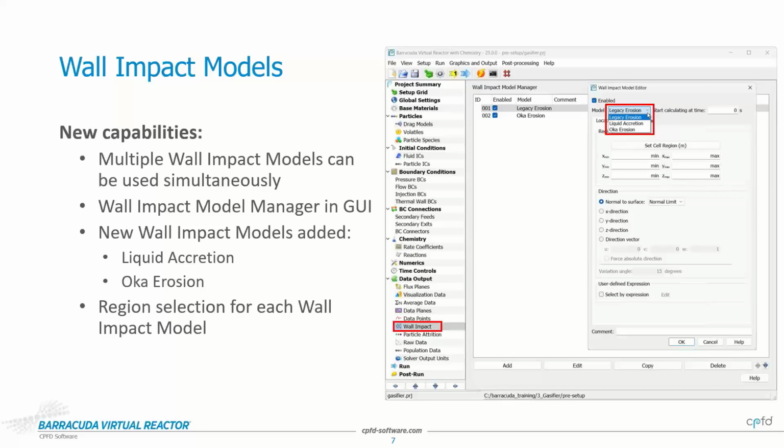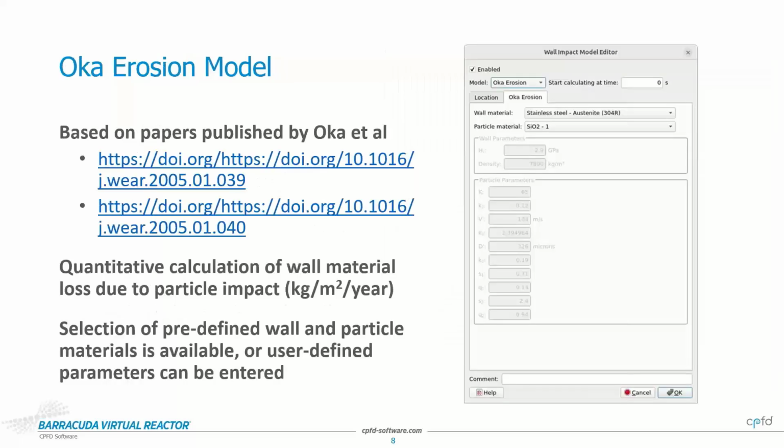For all of the wall impact models, we've also added the ability to select the region where the model results will be calculated. This can help with organization and visualization of the model results so that only the specific region of interest for each model is active. And I'll show that a little bit in our demo in a few slides.